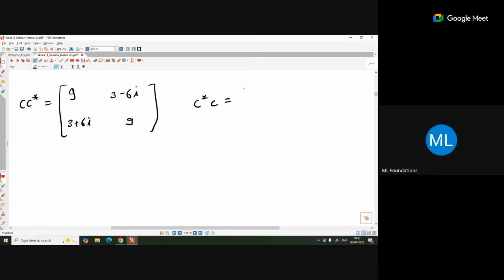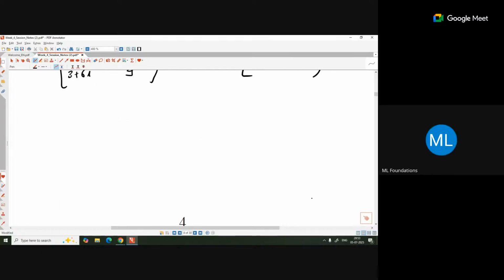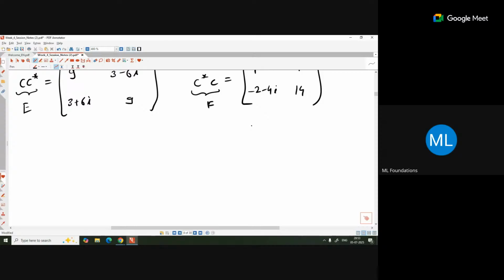C star C is 4, minus 2 plus 4i, and so on. Now let us think of this as some other matrix, let's say E, and this as F. Now we have to check whether E and F are Hermitian or not.